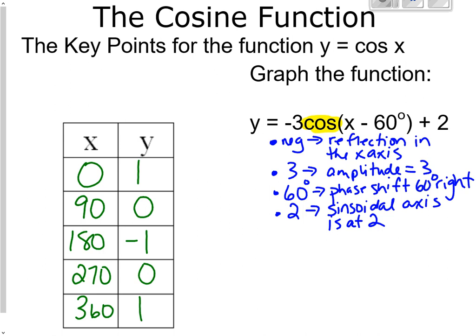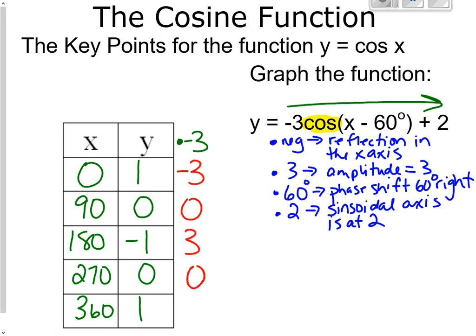And now we remember, just like before with transformations, we always apply them in the order in which they are given. Otherwise, we won't get the proper graph. So let's start with that -3. The -3 means I'm going to multiply all my y values by -3. 1 times -3 is -3. 0 times -3 is 0. -1 times -3 is +3. 0 times -3 is 0.